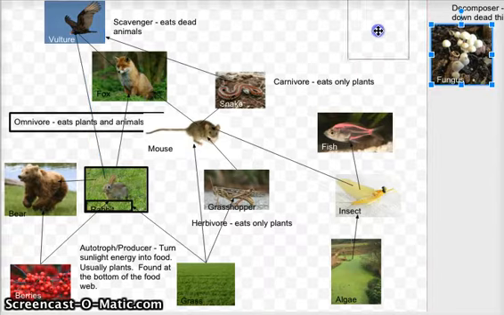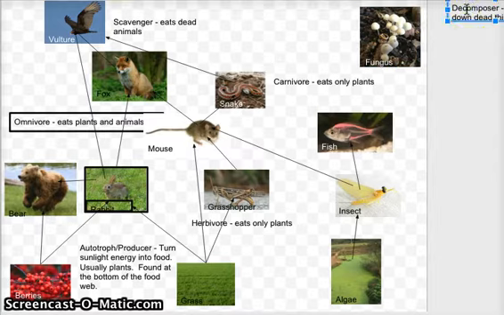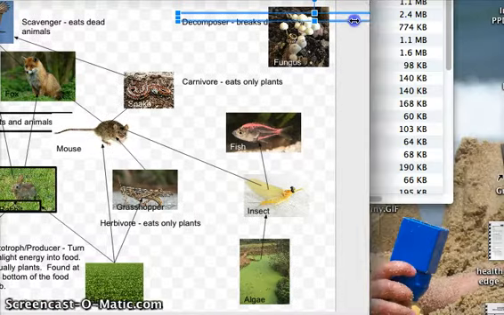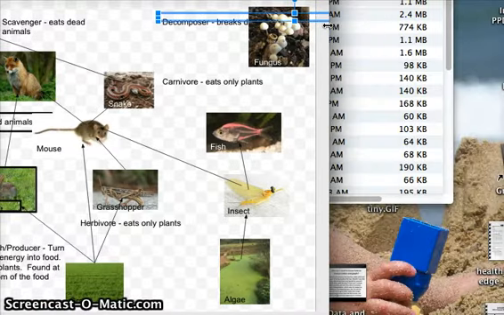The second to last thing we have to talk about, with one more term after this, is a decomposer. Decomposers are fungi, like mushrooms, and they break down dead organisms.